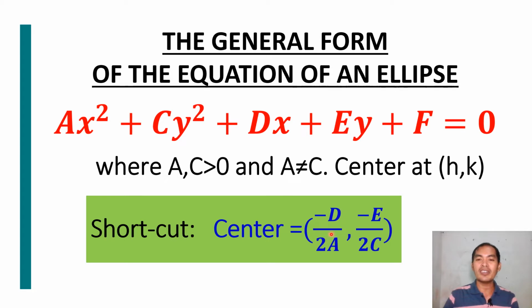We have the coordinate negative d over 2a, then for the y-coordinate negative e over 2c, or getting the derivative of all the variable with x and the derivative of all the variable with y, equate it to 0 and solve for the value of x and solve for the value of y. That's the center of the ellipse.